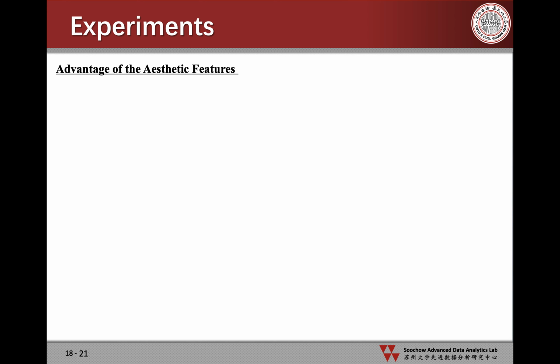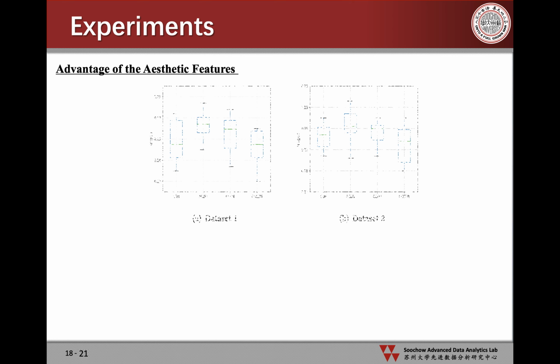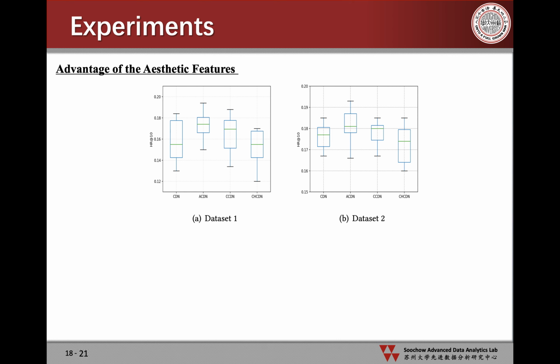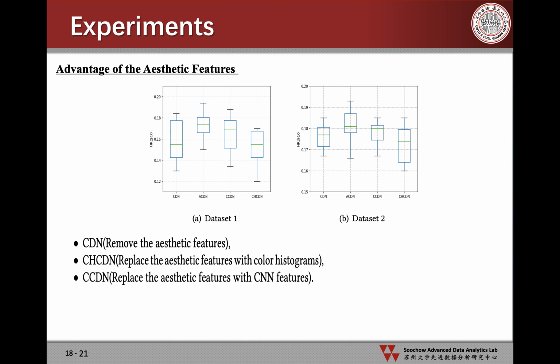To show the advantage of the aesthetic features, we combine various widely used features in our base model and compare the effect of each type of features by constructing 3 models.